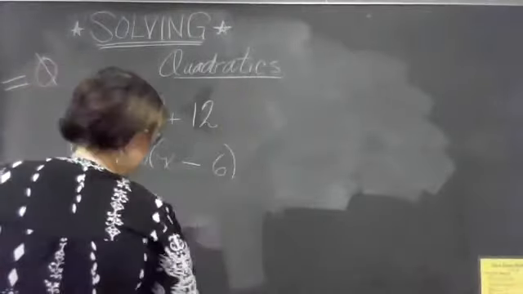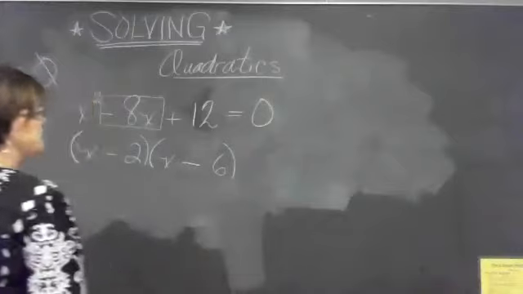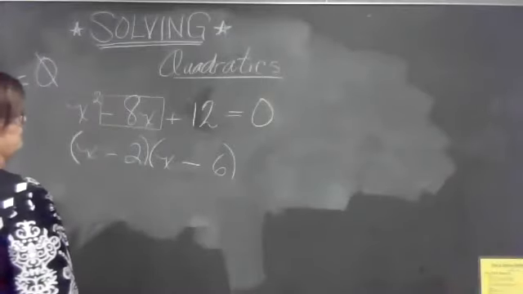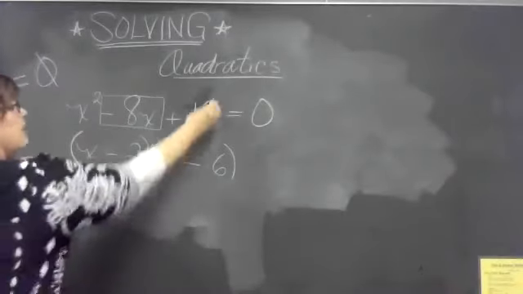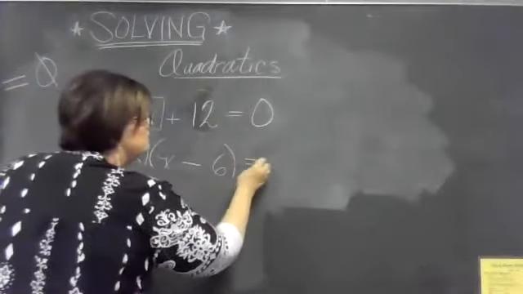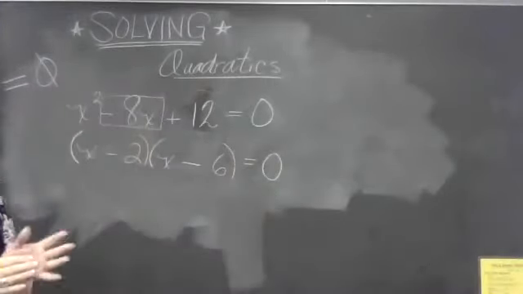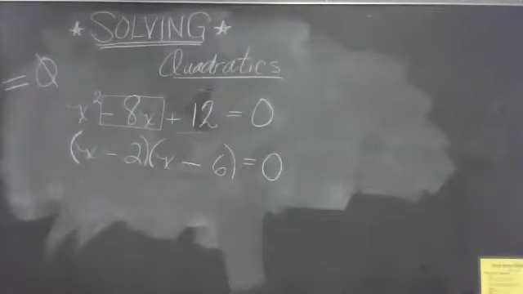So what you're going to start to see is this. They just put an equal 0 on it, which means when I factored this part, it's equal to 0. Okay, easy enough. And you'll start to see that on page 3 of our packet 3.